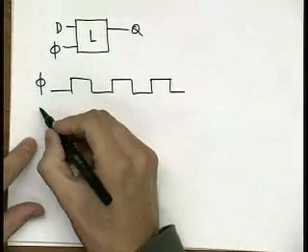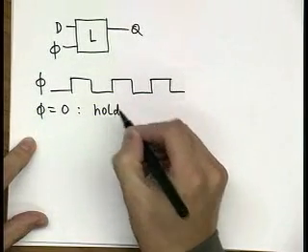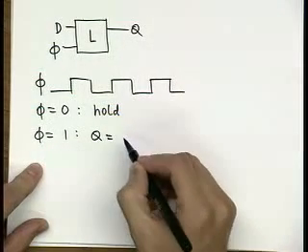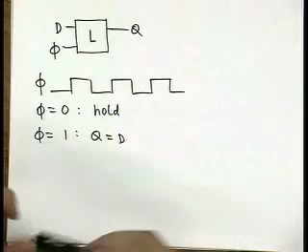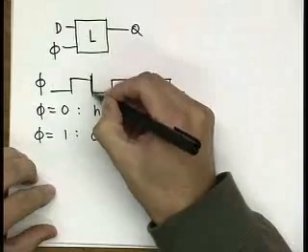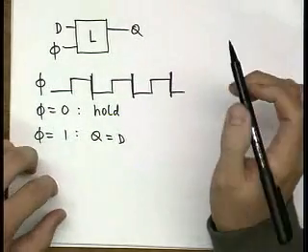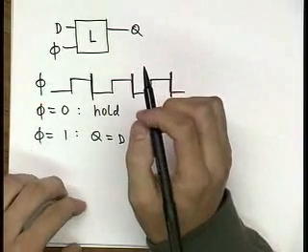When clock is equal to 0, this latch is in hold mode, holds the previously stored value, and when the clock is 1, then it simply copies incoming data. So now what's really important to understand is that the gate closes at the falling edge of the clock. So the timing parameters that we define for a latch are basically related to this falling edge.